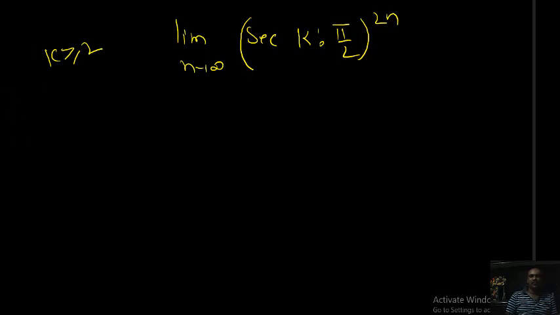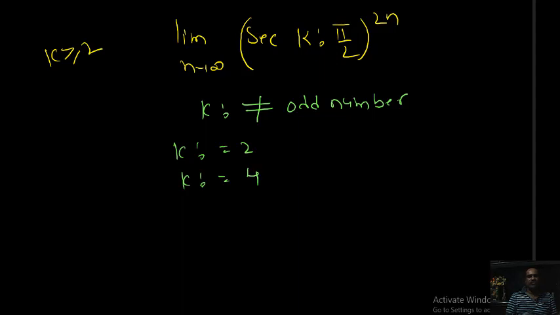What is the meaning of that? k factorial should not be equal to an odd number. Means k factorial may be 2, 4, 6, like that. When k factorial becomes 2, k should be 2 only, implies k equal to 2.